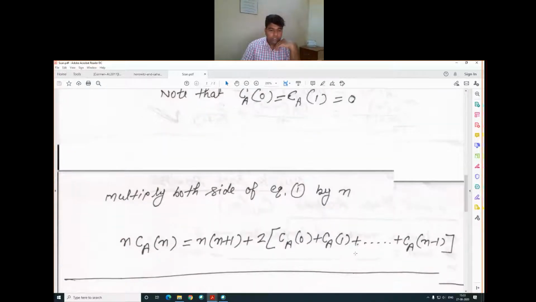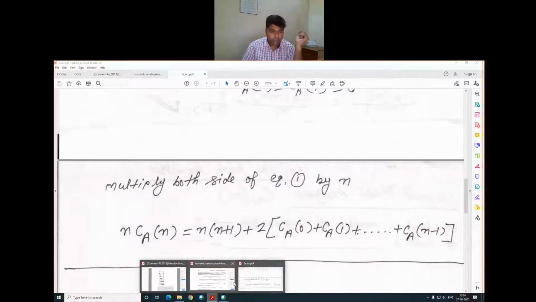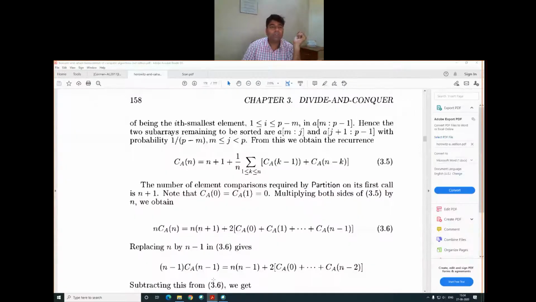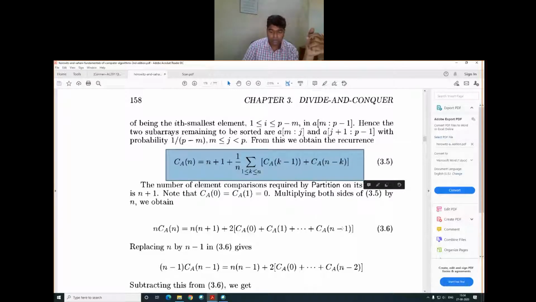Next, we see the whole thing by using one more book, Horowitz and Sahni, Fundamentals of Computer Algorithms, second edition. I'm just taking the computation of the average case. This is the same equation that I showed earlier in my notes, and this is the book PDF.